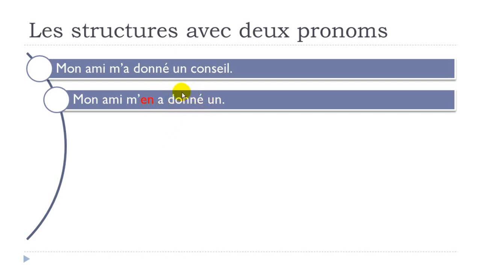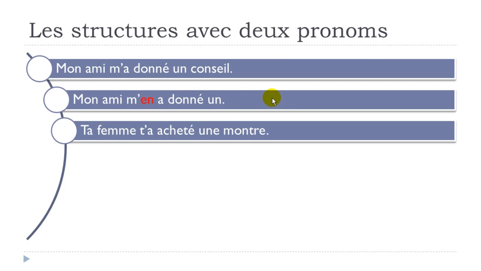You've got two parts because it's composed, so first you've got avoir, and then this participe passé form, but it's only one verb. That's the reason why you put first your pronoun, me, and then you put this second pronoun en before avoir, because this is the verb here. So you get mon ami m'en a donné un.